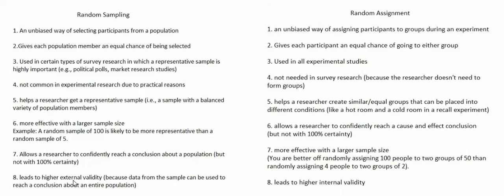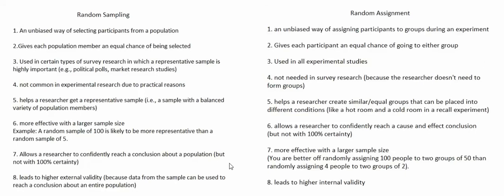Random sampling leads to higher external validity, because it allows a researcher to survey a sample and confidently reach an inference about the bigger population that the sample came from. It allows a researcher to confidently reach inferences about unobserved or unsurveyed population members who aren't actually in the sample.